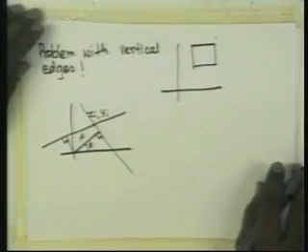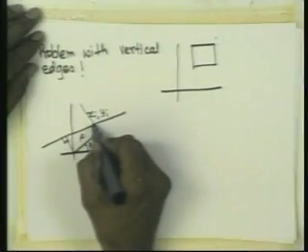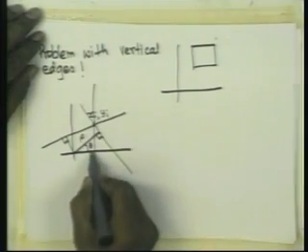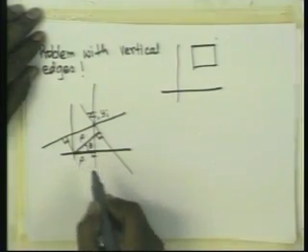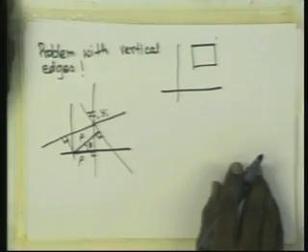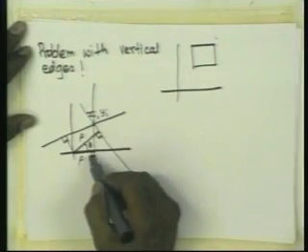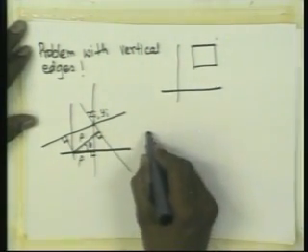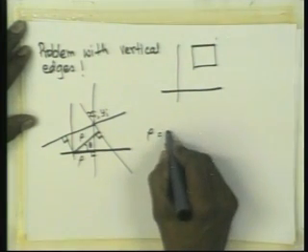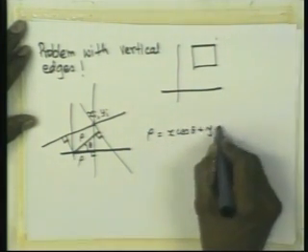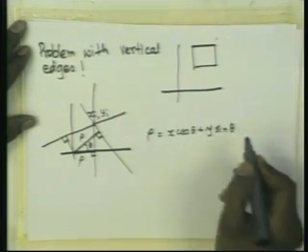If I take a vertical line passing through this point, the perpendicular drop will be this, and this will be the rho, and theta will be 0. Similarly, a horizontal line is no problem. The relationship between rho, theta and x, y can be shown geometrically to be x times cosine of theta plus y times sine of theta.